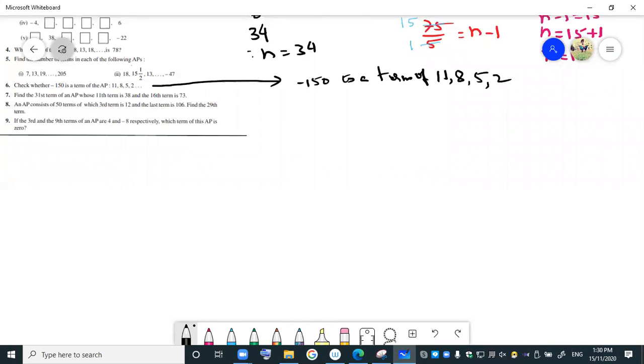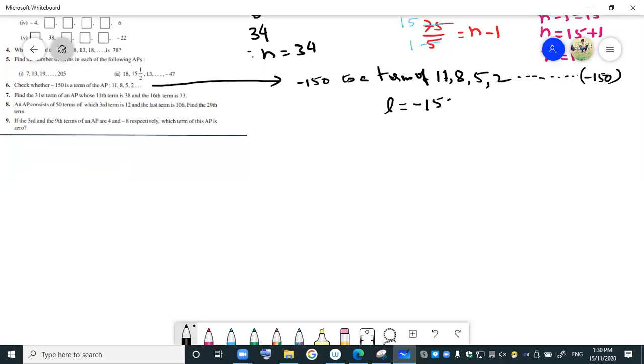That means, if we take minus 150 as the last term, whether minus 150 will be any term of the AP. Check whether it is a term or not. So how will you find? Because the number of terms can only be a natural number: 1, 2, 3, 4. So we will apply the same formula here also. If n comes as a natural number, then it is a term. If it comes as a fraction or decimal, it will not be a term.